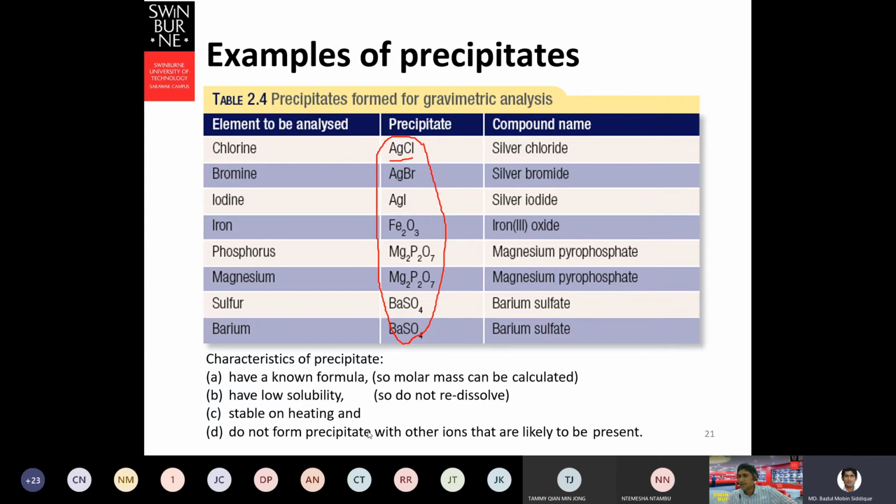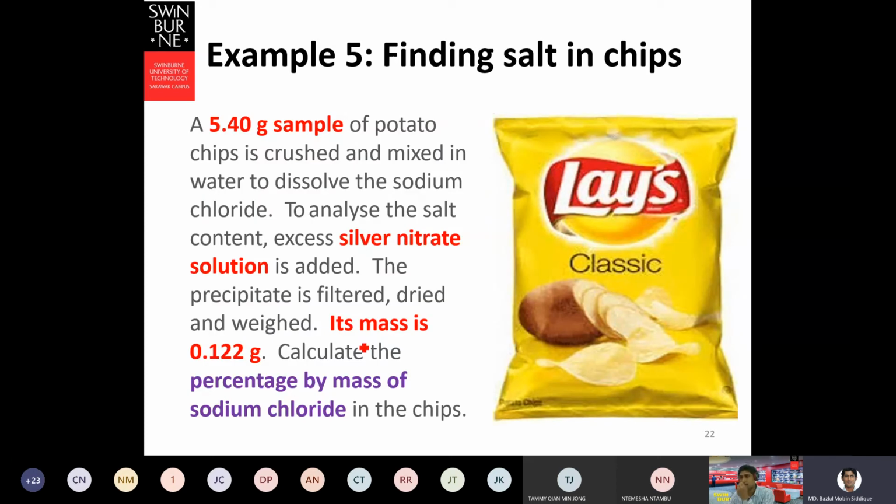So silver nitrate, and we also know silver nitrate, was used to precipitate out the silver chloride, and the silver chloride mass was found to be 0.122 gram.